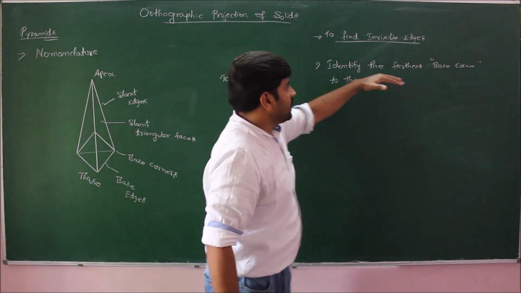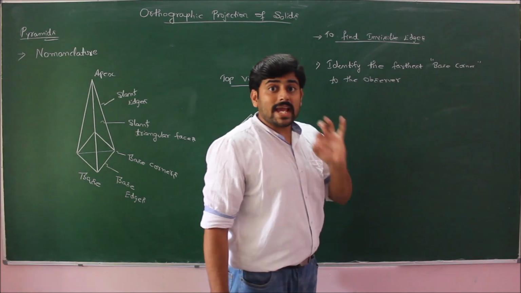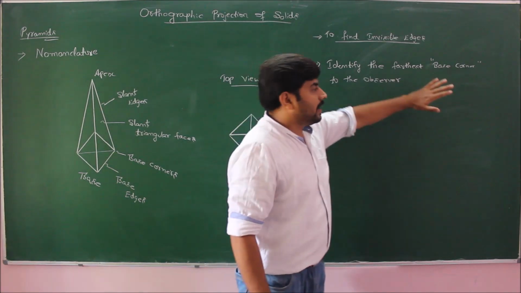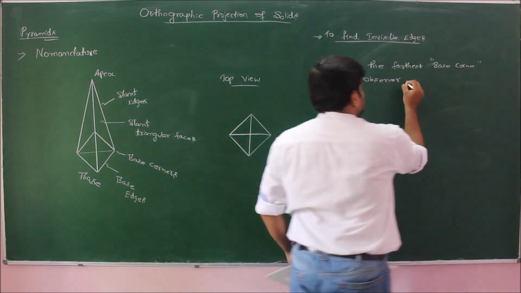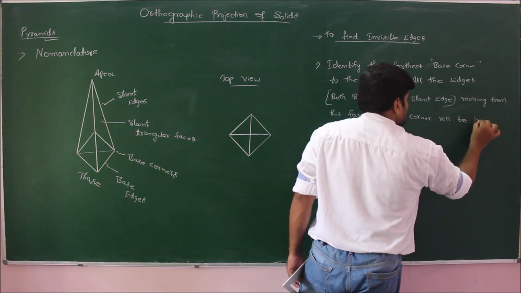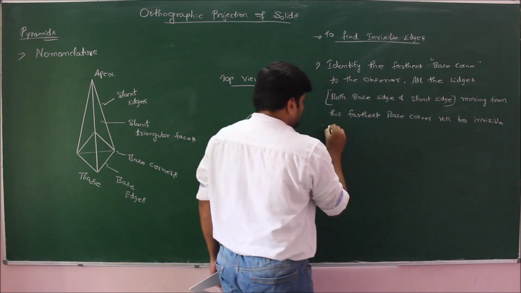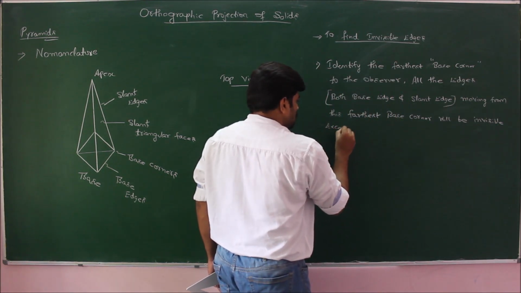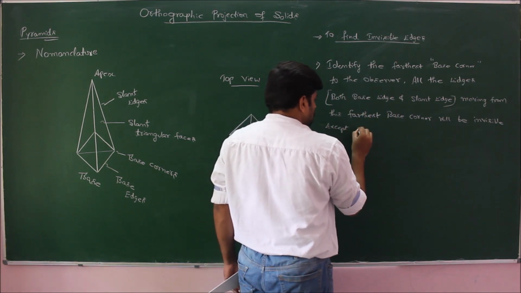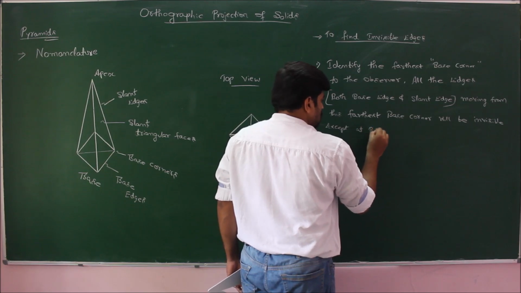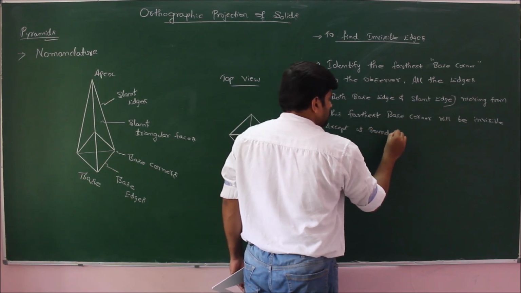Once you identify the farthest base corner to the observer, all the edges from it will be invisible except at the boundary of the pyramid.